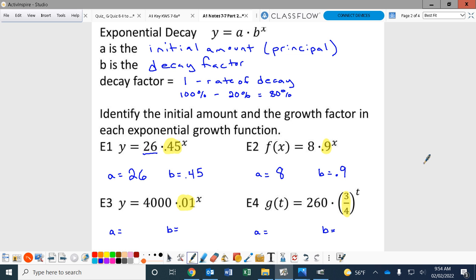The next one, the initial amount is 4,000. The decay factor is 0.01. It's going to decay very slowly. For the next one, 260 is the initial amount, and its decay factor is going to be 3/4. Yes, you can have a fraction. Don't panic. Fractions are okay too.